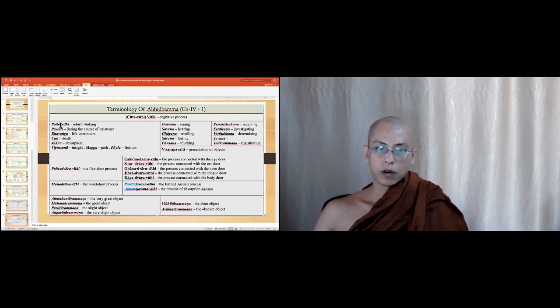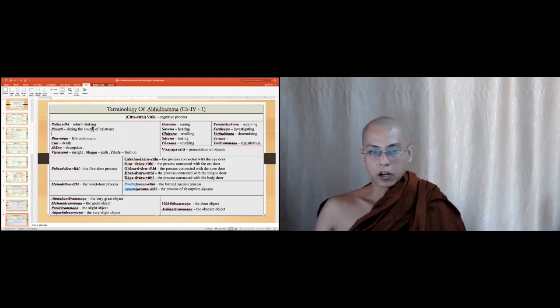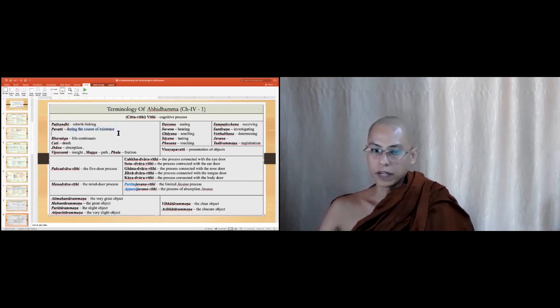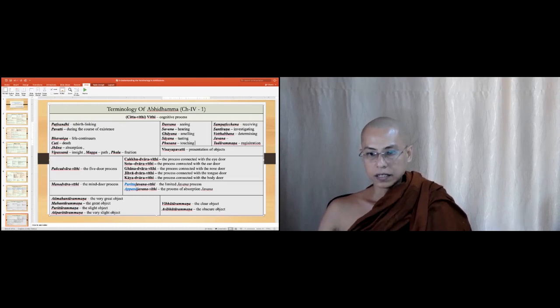There you will find Patisandhi and Pavatti. Patisandhi is the first moment of life. Pavatti is after the first moment, all included in Pavatti, during the course of existence. Then Bhavanga, Chuti, the last moment, is called Chuti. Okay, Jhana, Vipassana, Magga, Phala, we will not mention that. And here Dassana, Savana are already included in the functioning.